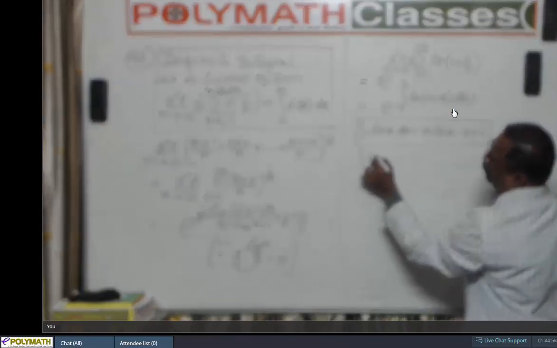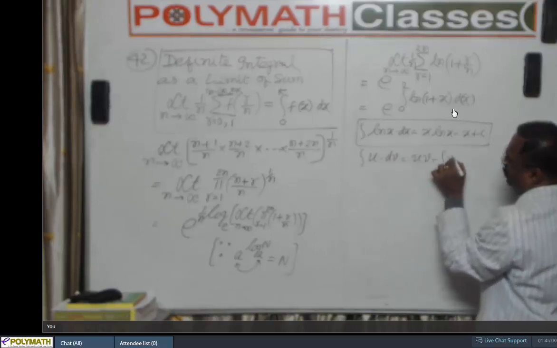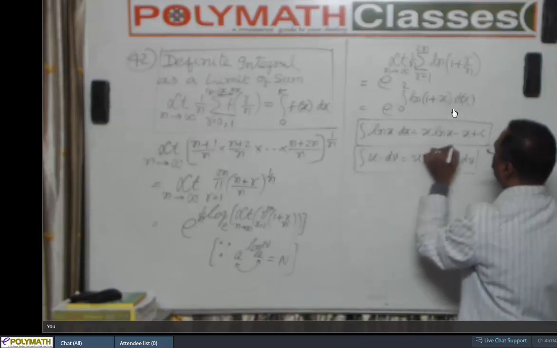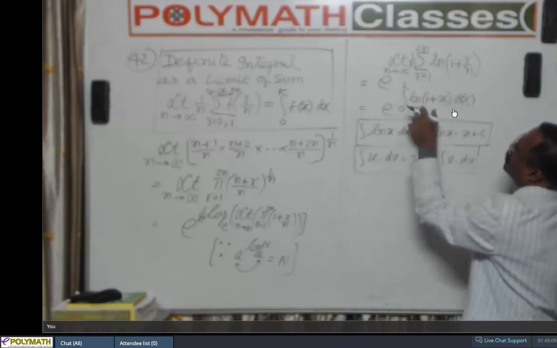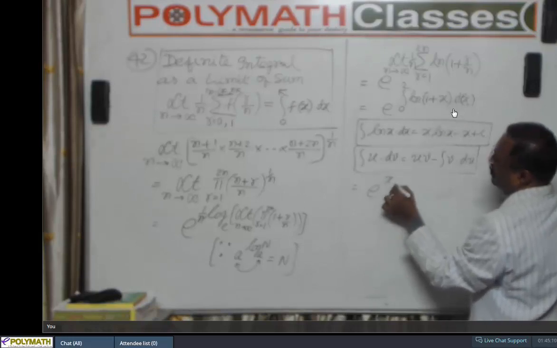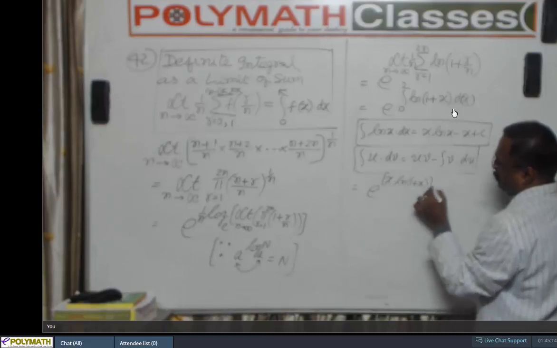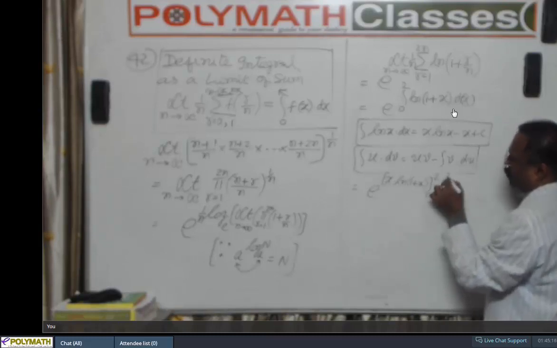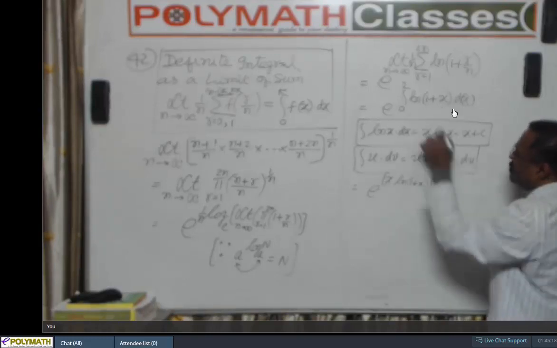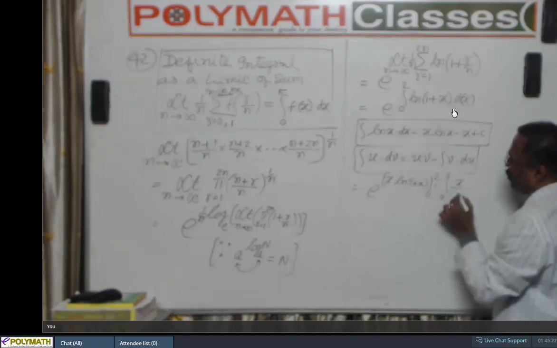Integral u dv is equal to uv minus integral of v du. This is u, this is v, e power x ln of 1 plus x. The limits are 0 to 2 minus integral 0 to 2 v du. Du means derivative of log of 1 plus x is 1 upon 1 plus x.